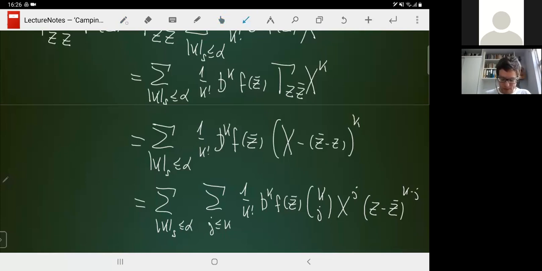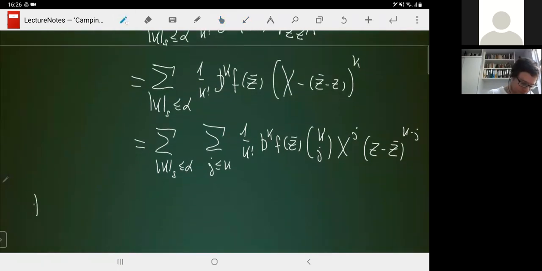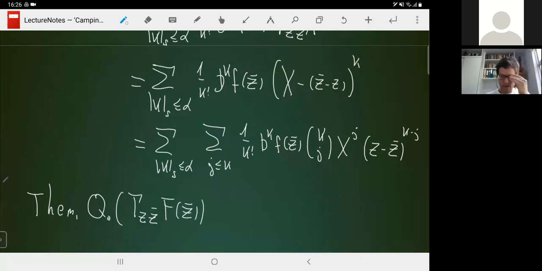Now what I would like to do is look at the zeroth order component, Q0 of gamma z bar f of z bar. What this simply means is that in here I pick j equal to 0.